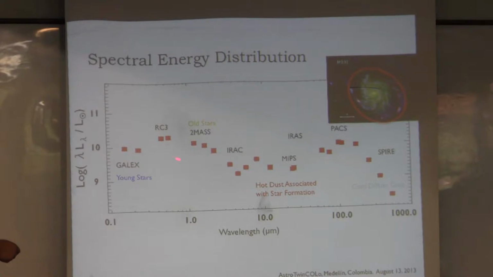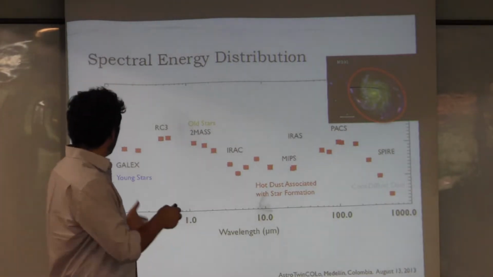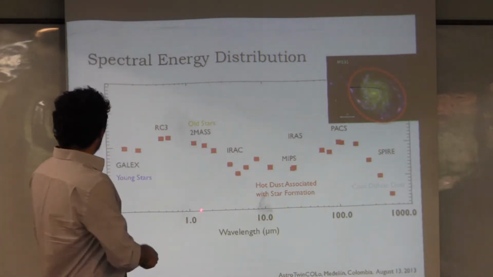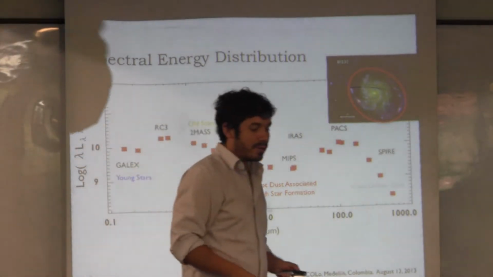And each of those regions is related to young stars or a bit older stars, or hot dust that is heated by massive stars, or maybe diffuse dust that is responsible for the emission in this part of the spectrum. So you kind of have a relation between the spectral energy distribution and the physics that is inside.